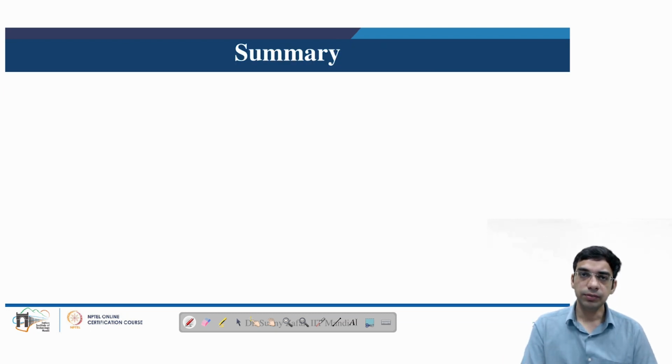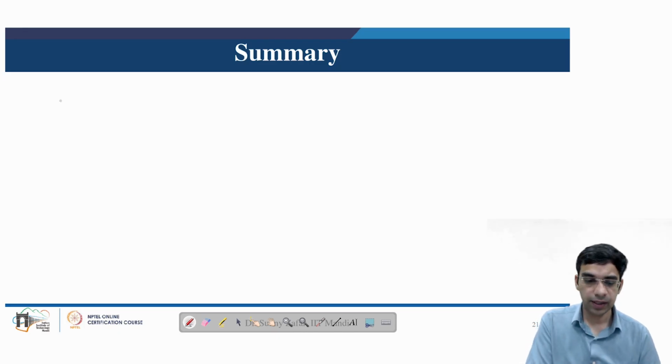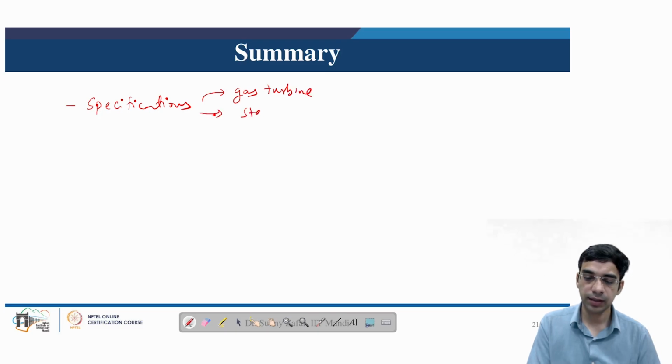With this, we come to the end of this lesson, and I would like to summarize the points that we have studied. We have studied the specifications of the turbines, where we have looked at all four turbines in detail: the gas turbine, the steam turbine, the hydro turbine, and the wind turbine.